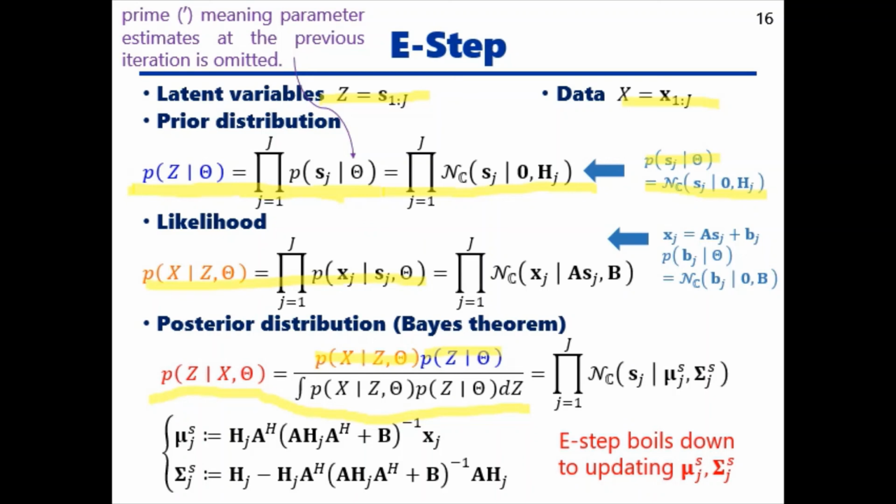By using these equations, the likelihood can be rewritten like this. Consequently, although we omit the details, the posterior distribution turns out to be a Gaussian distribution shown here, where the mean mu and the covariance matrix sigma are given by these equations. After all, the E step boils down to updating mu and sigma.